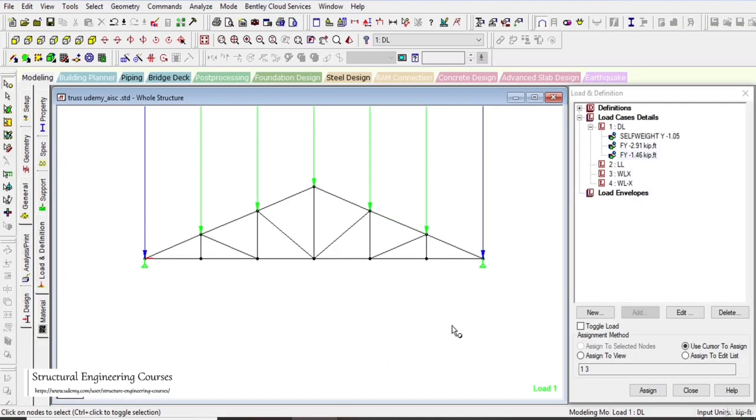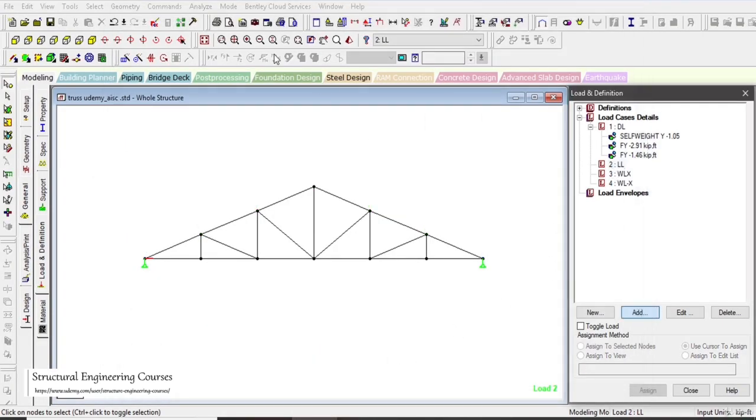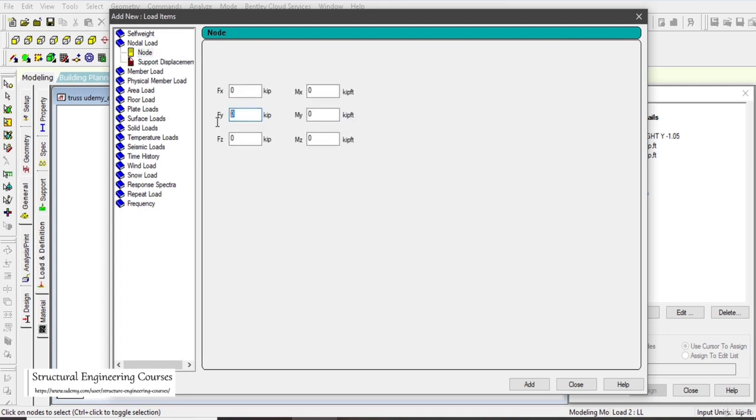So we can go to the live load option here, and we can enter nodal load as minus 9.7, and 50% of that for the end condition we can enter minus 4.85.